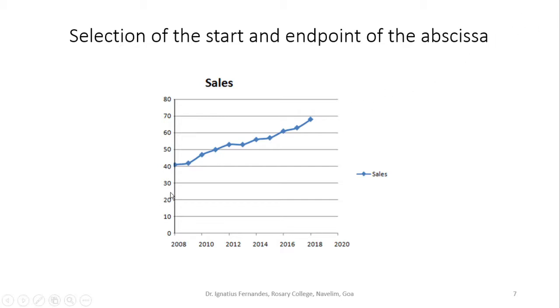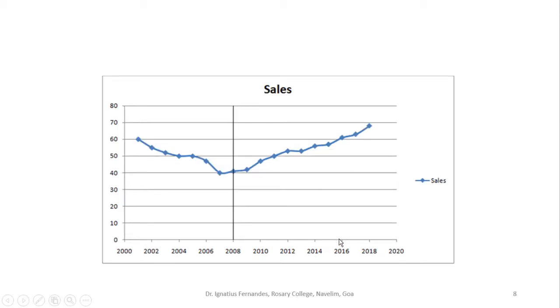Let us say this is the sales of a company which I want to present, and you will say that from 2008 to 2018 the sales of this company has continuously, uniformly increased. If I want to give a very good impression about my company, that's why I chose the data like this. The actual data was something like this.